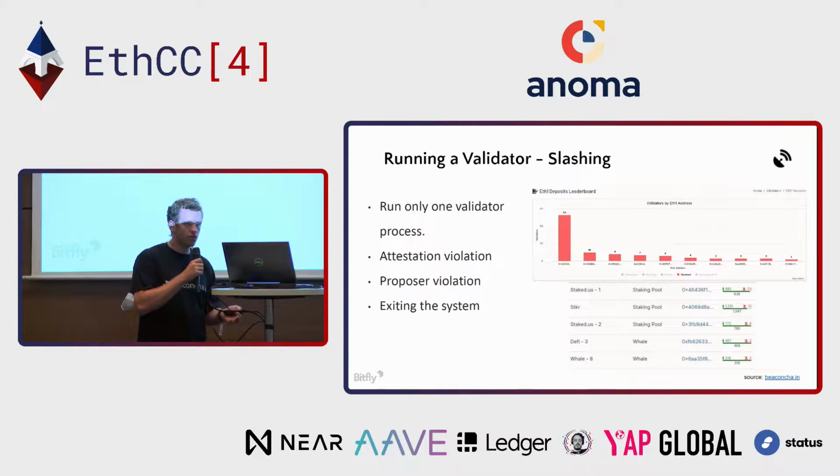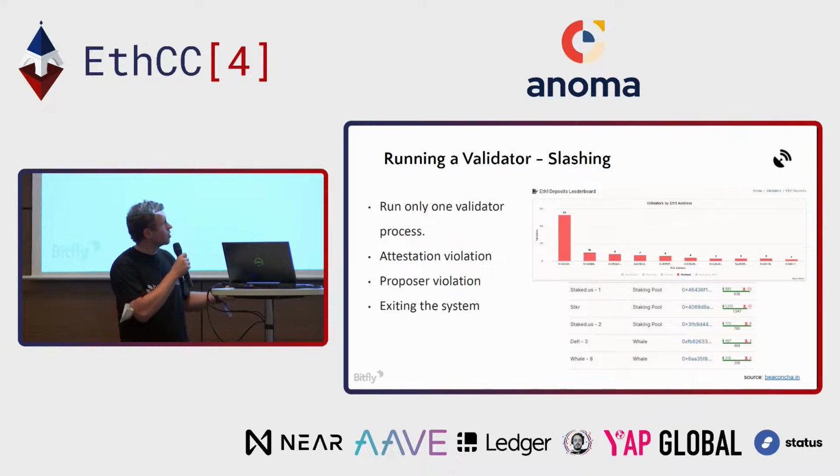And the last thing for running a validator is that you should watch out for slashing. Here's a bar chart of the ETH1 addresses that got slashed the most. Here we have Staked US, with the ETH1 address here that got slashed 53 times, so they lost 53 validators.